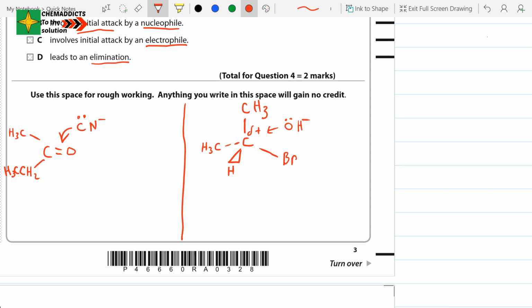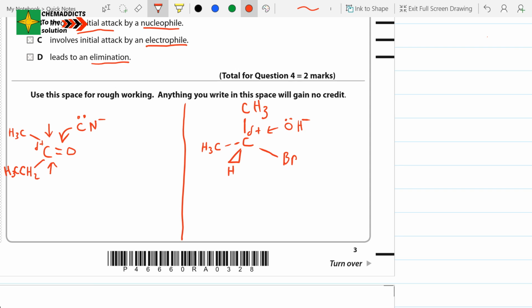Okay, around this delta plus carbon atom, so this nucleophile can attack from either side. It can attack above this carbon atom or below. So there are two possible regions where this nucleophile can attack. Okay, one is above like this, or like that.